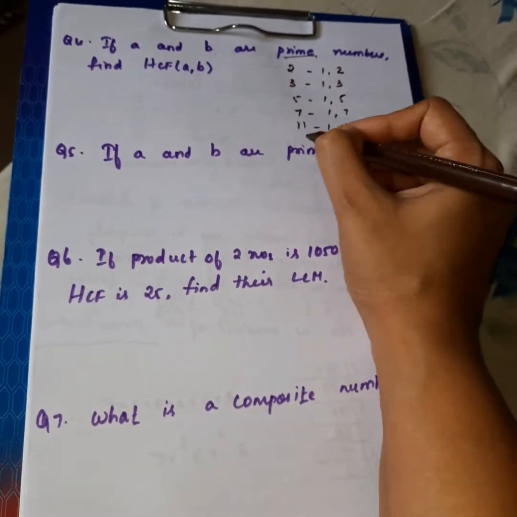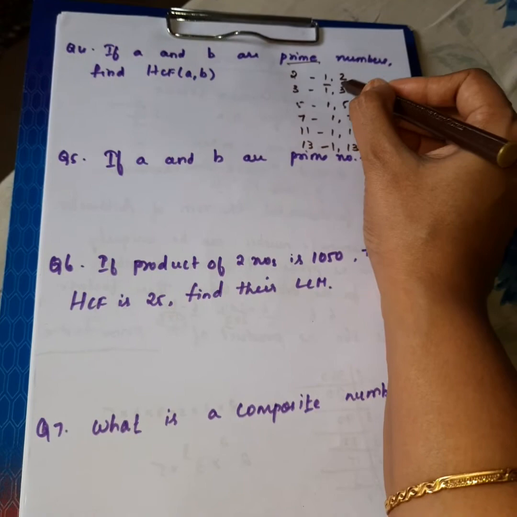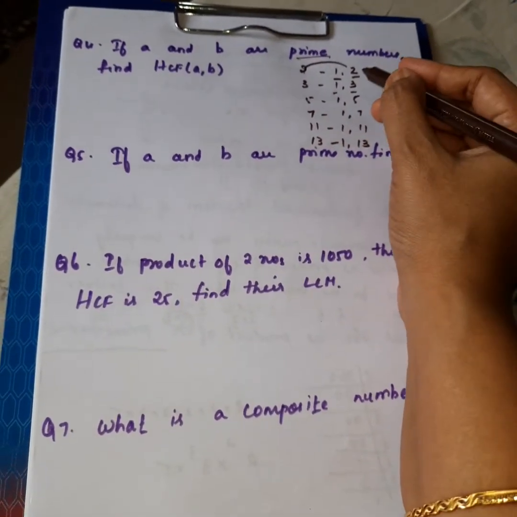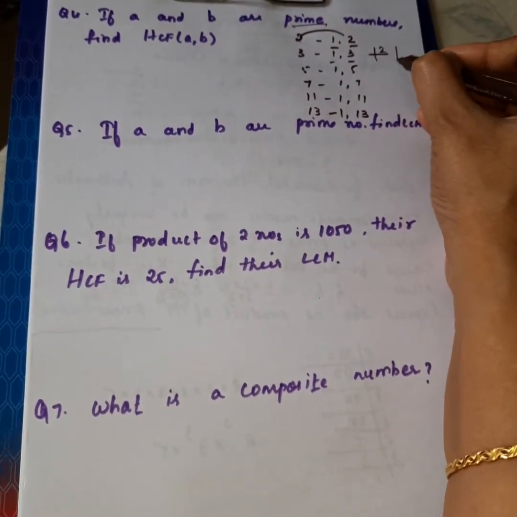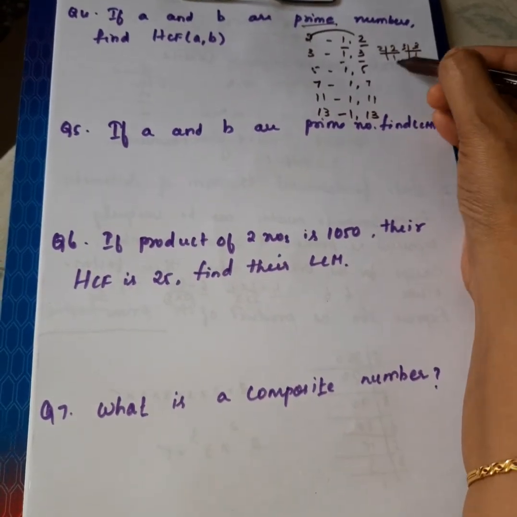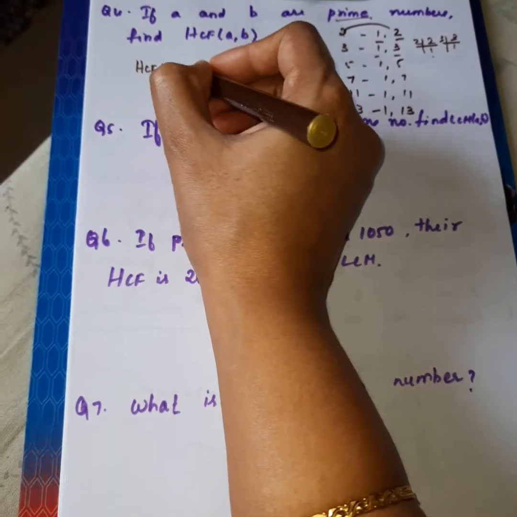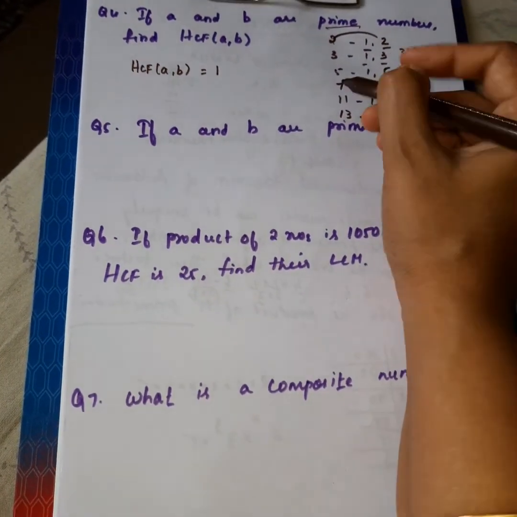So 11, 13, it goes on this way, which have only 2 factors, 1 and itself. So obviously, when we take the HCF of the given numbers, let's assume 2 and 3. 2 goes in the 2 table, 3 goes in the 3. So the HCF of 2 prime numbers is always 1, as nothing is common among them.